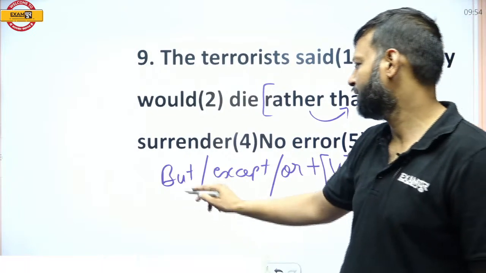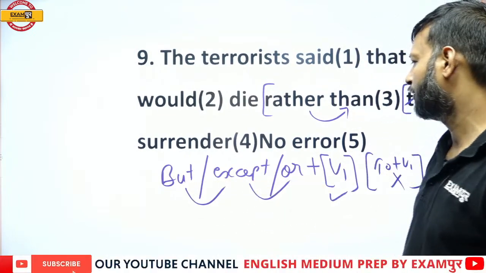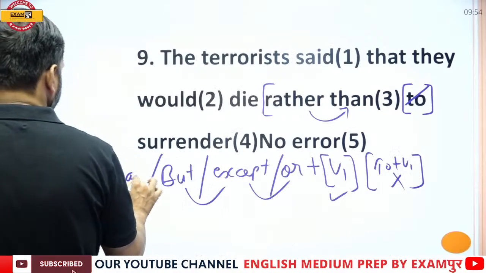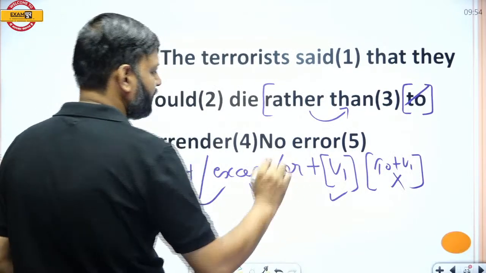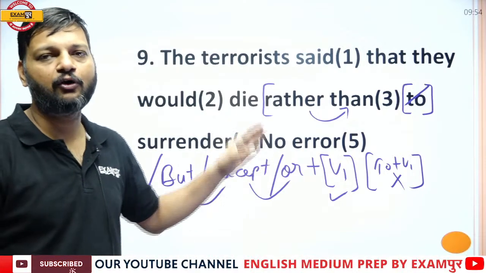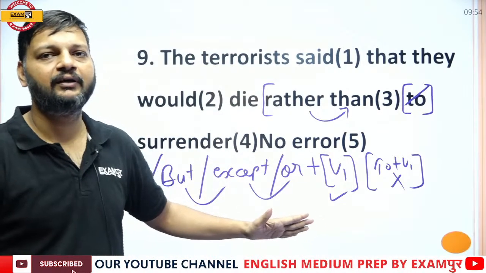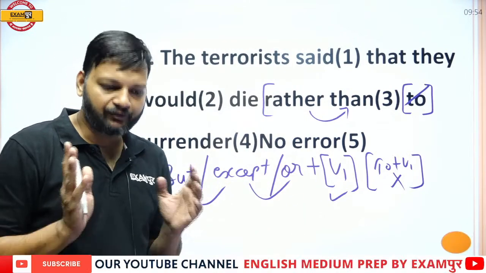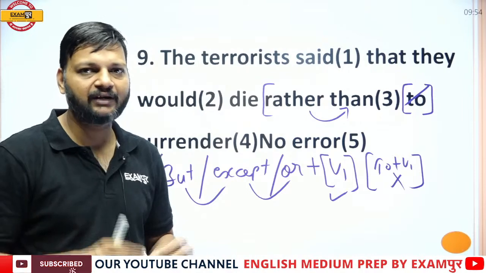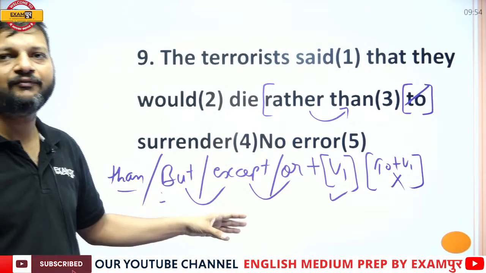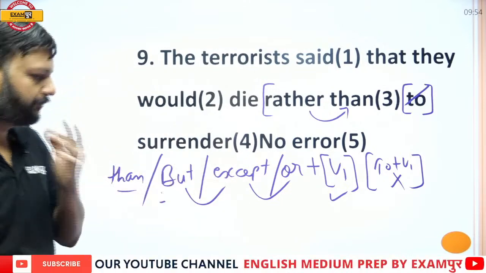So then, but, except, or. These words are followed by bare infinitive in place of full infinitive. Bare infinitive is just the first form of verb and full infinitive is to plus first form of verb. So after these words bare infinitive has to be used, right?